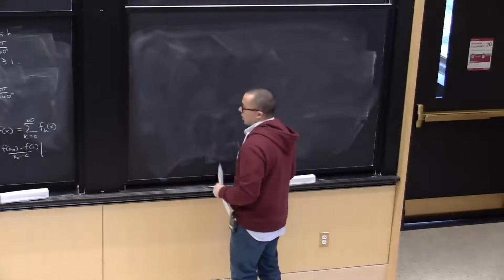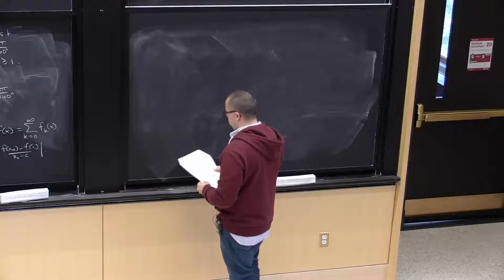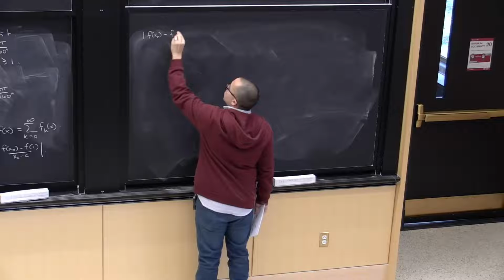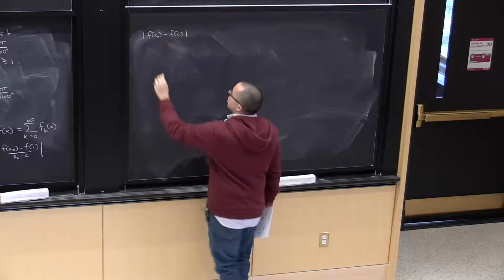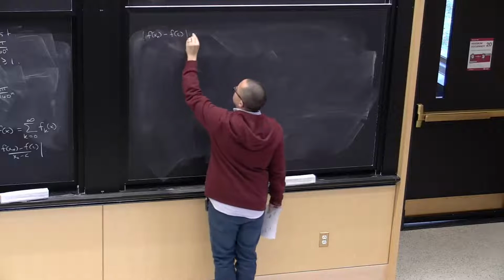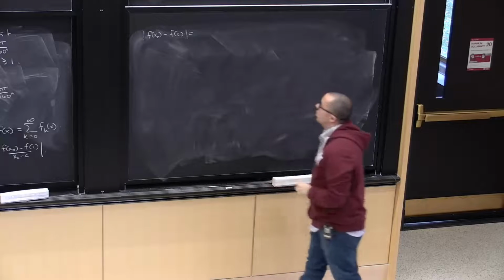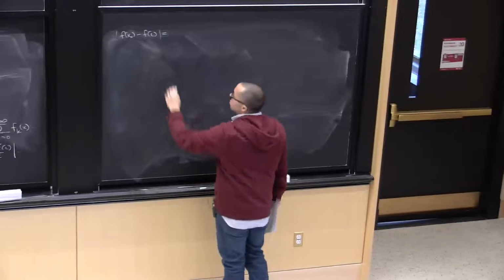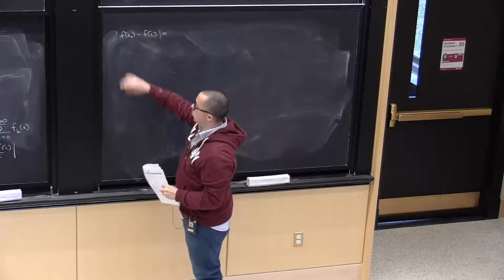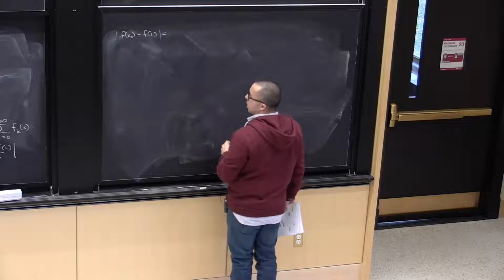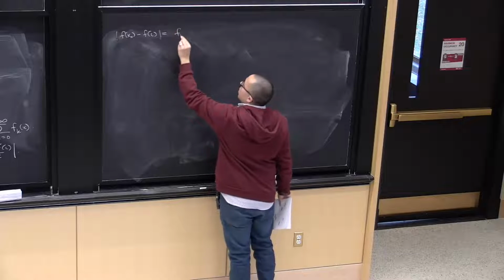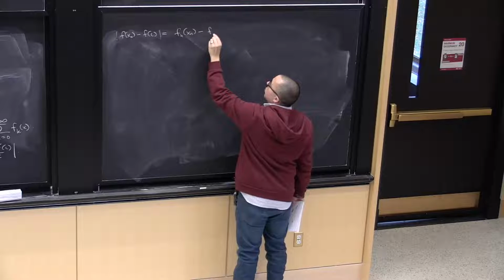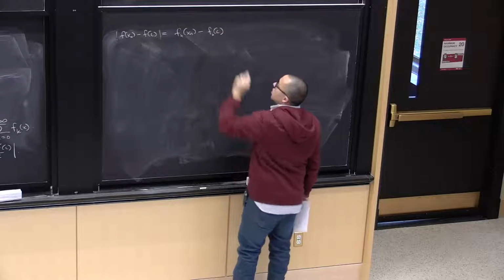So let's look at the absolute value of f of x n minus f of c. Let's split it up as a sum. So all of these are equal to the sum of f sub k. So I have the nth one.